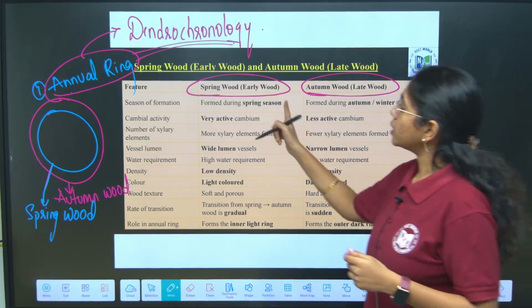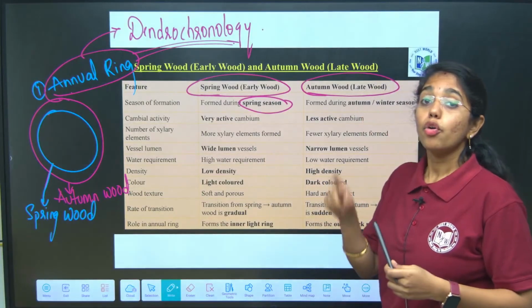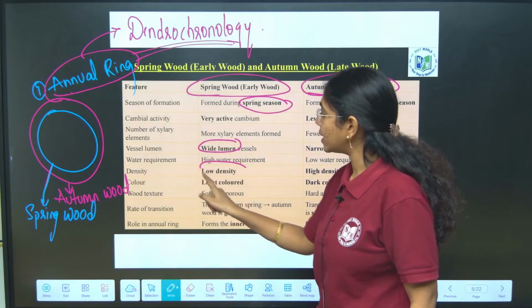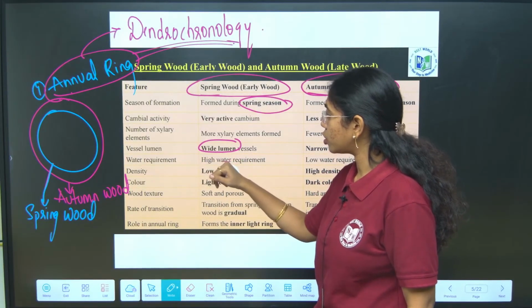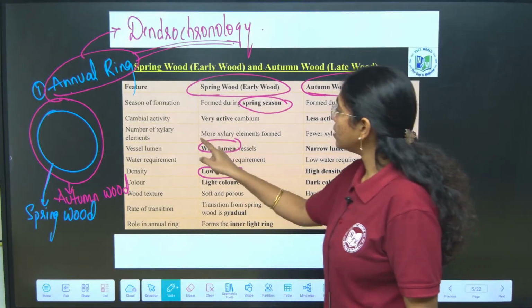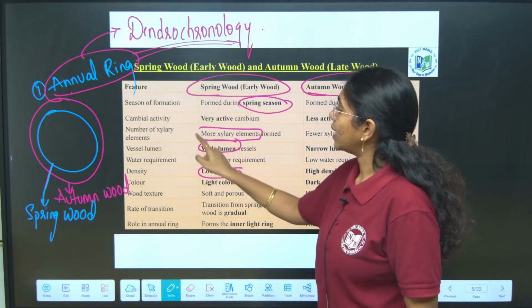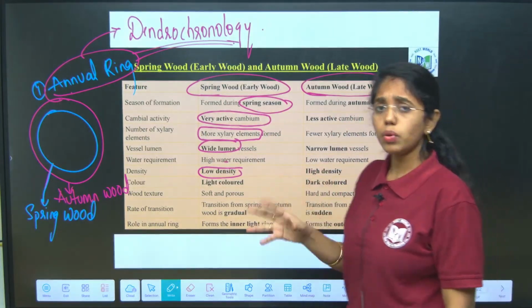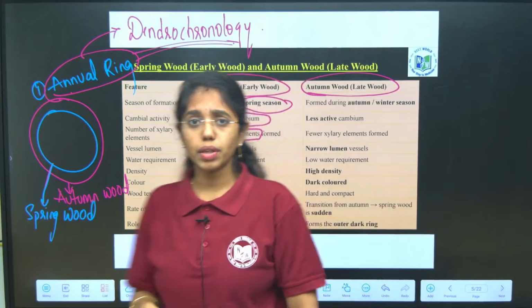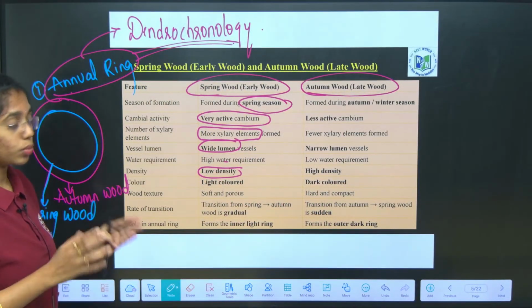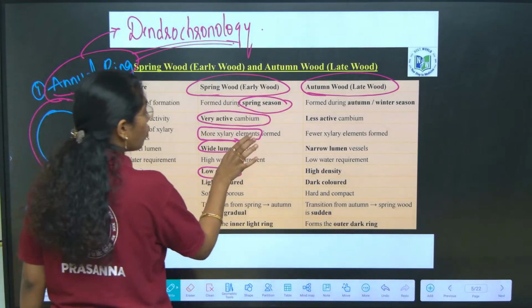Firstly, it is formed in the spring season. So, it has wider lumens and low density of the vascular bundles or vessels. And here, as it is in the spring season, you can see more xylary elements and the cambial activity is very active. Spring wood has more xylary elements, wider lumen and high water requirement.